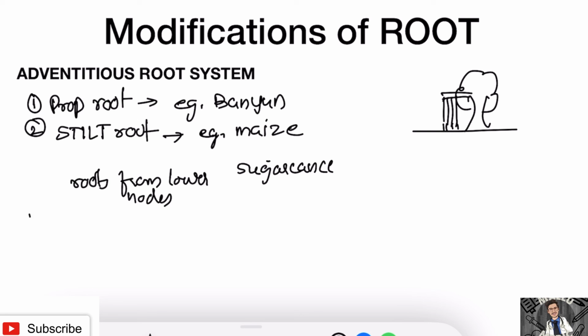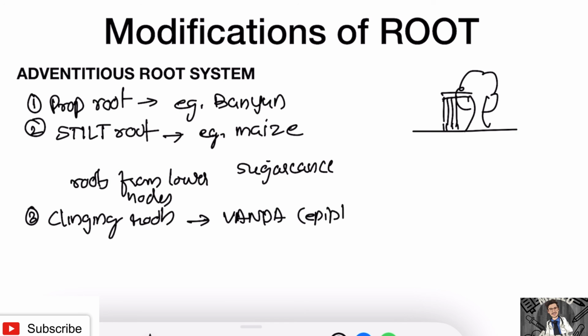Then we have something known as clinging roots. An example is Vanda. Vanda is also an epiphyte. You will learn this in your subsequent chapters. Now you just have to learn the meaning of clinging roots and an example. Clinging roots are the roots meant for attachment to the substratum. Vanda is actually seen on large trees like mango trees.